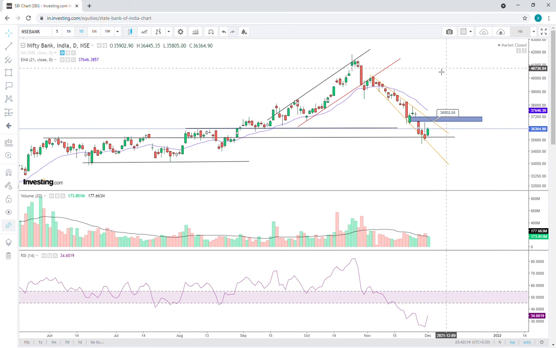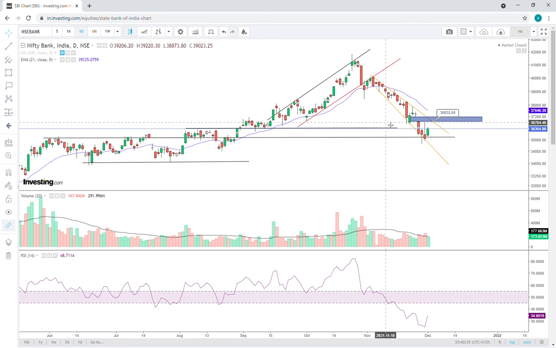Still, you have around 500 points. After this, it might make a rounded shape and come down, or it will gap up and go up. Unless and until this channel is broken, we are not in the bullish zone. We are still under the channel, and the channel is a downtrend channel.